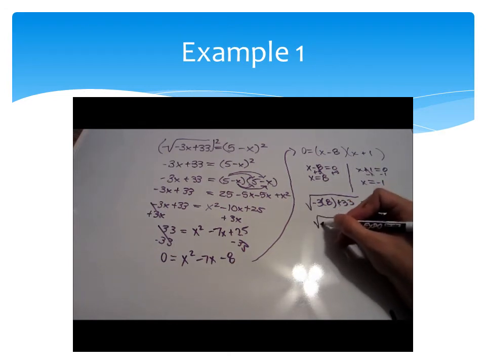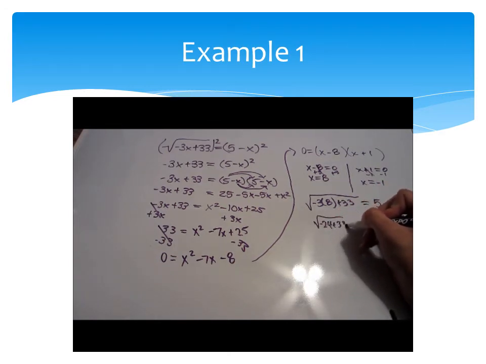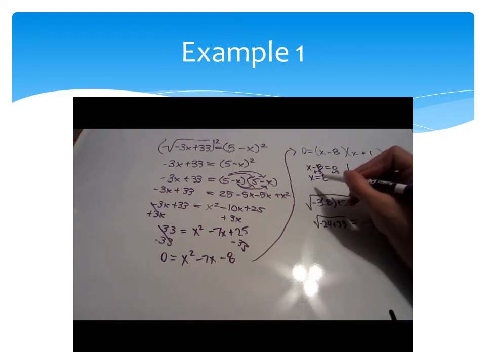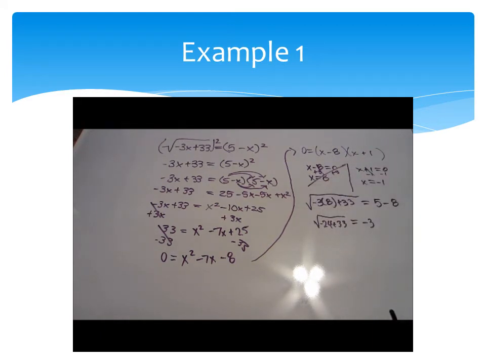Square root of negative 24 plus 33 is equal to negative 3. Well, we already know that a radical cannot be a negative number. A square root cannot equal a negative number. A square root can only equal a positive or 0. So 8 is an extraneous solution. We need to cross it out.